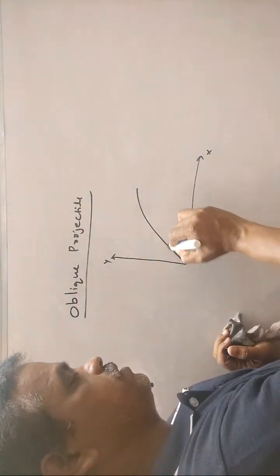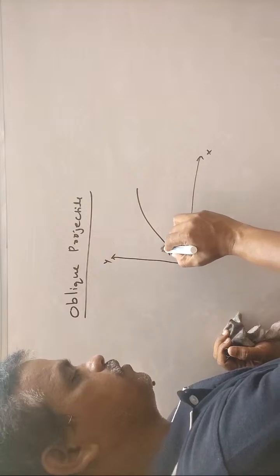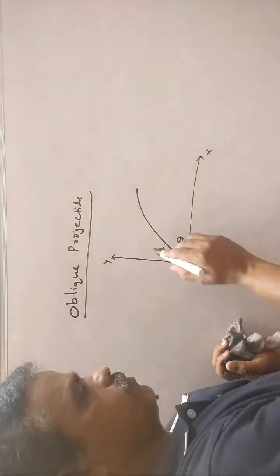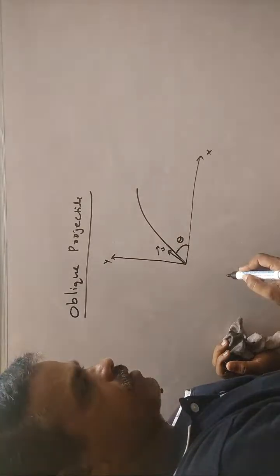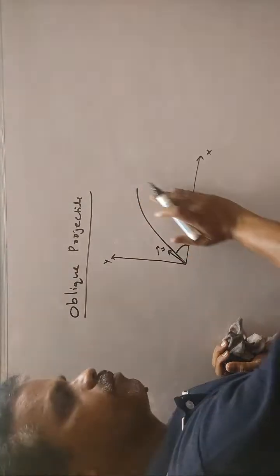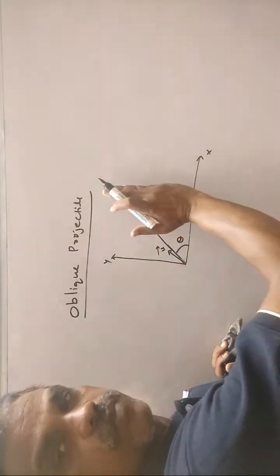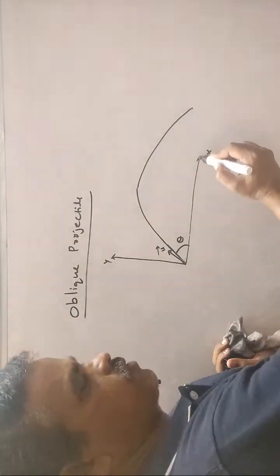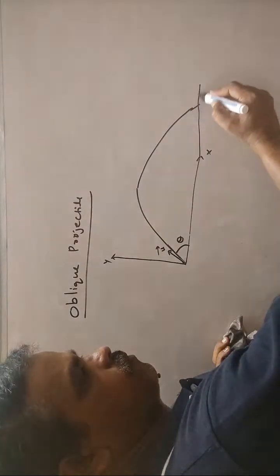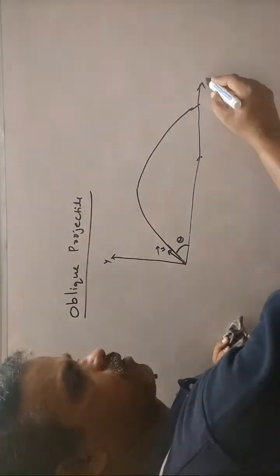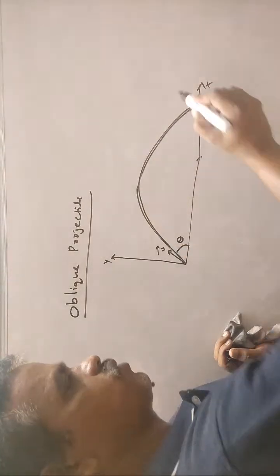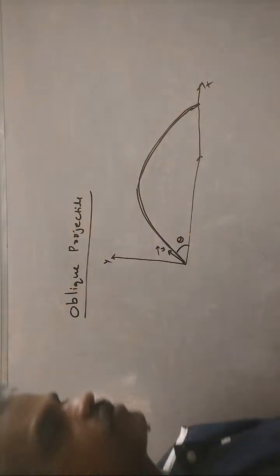If we project it with the initial velocity u, velocity is a vector quantity. It will go up to maximum height, then comes to the ground. So like that, this is the path of the oblique projectile.